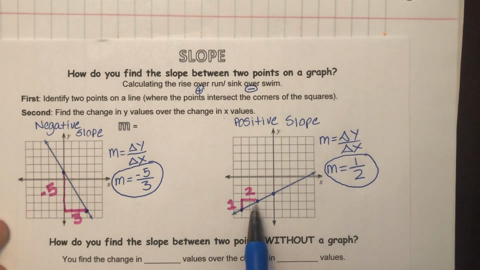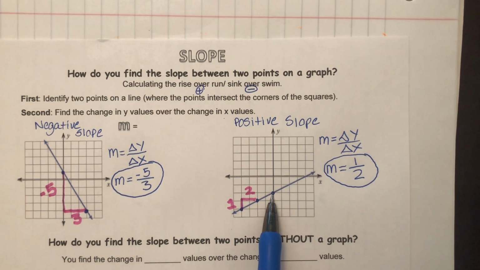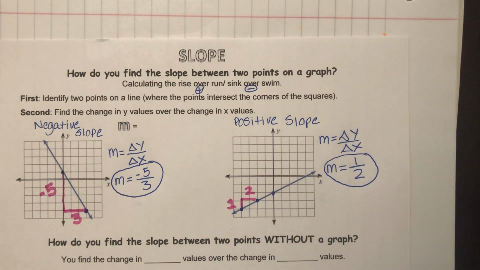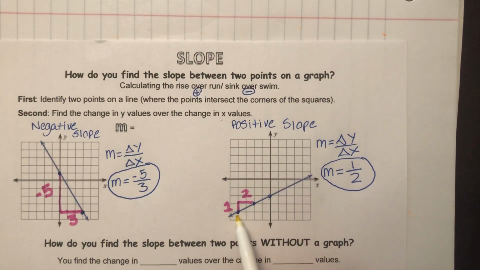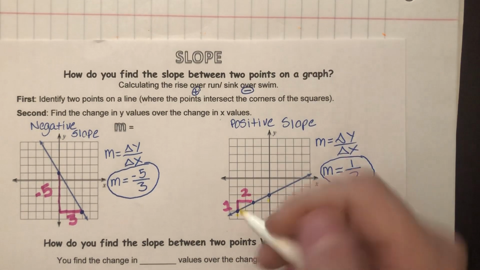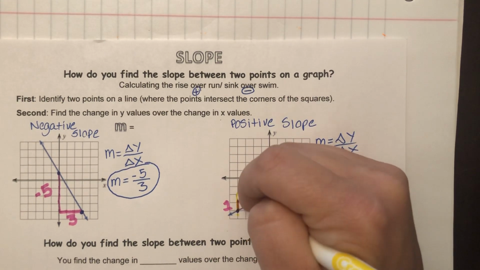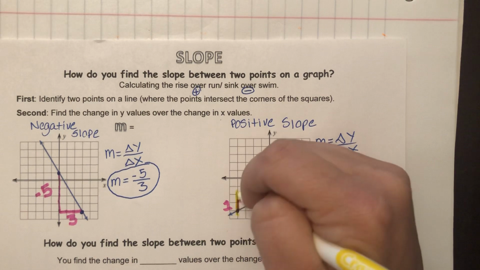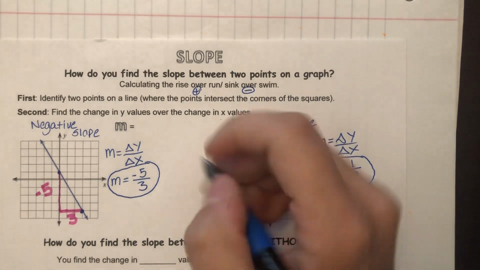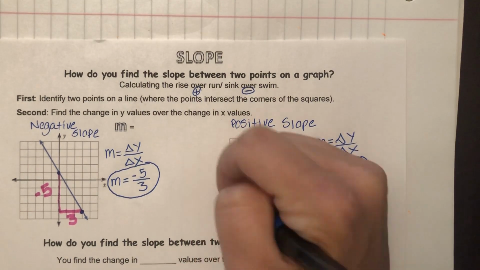Now, what if I didn't see this point right here? What if I use this point right here? We will get the same slope. We'll just have to do a little bit of simplifying. So let me show you guys. We're going to go from this point here to this point. So I'm going to count how many units up. This time I'm going up 1, 2 units. And I'm going to write that with this, 2. So we went up 2.